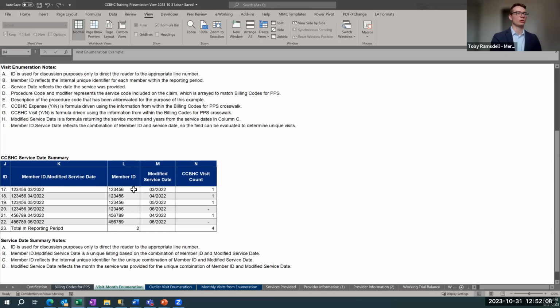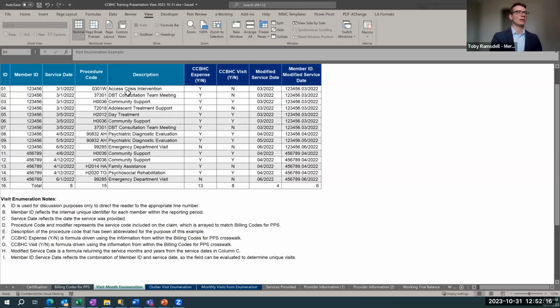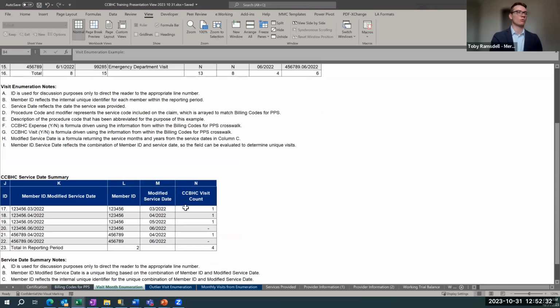So for the month of March, this patient, 1, 2, 3, 4, 5, 6, with that patient ID will receive 1 CCBHC visit, despite the fact that multiple triggering services actually occurred in that month. So multiple visits in 1 month equals 1 visit for the purpose of the PPS rate enumeration.